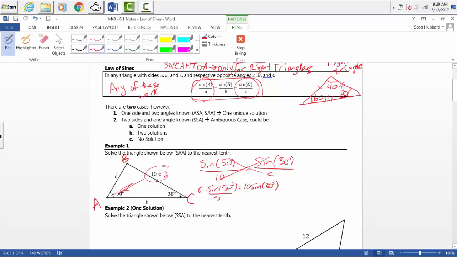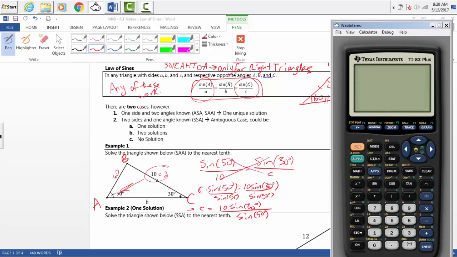Then you divide by sine 50, and you get little c, the side here, is equal to 10 sine 30 divided by sine 50. Then we'll just use our calculator to find that answer.